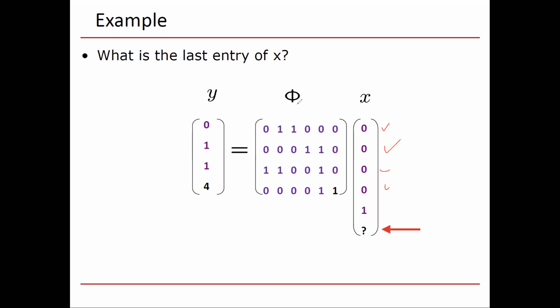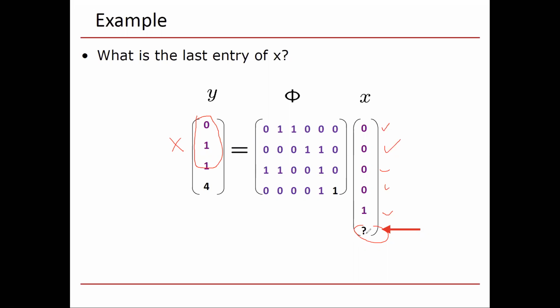Here I denoted by y equals phi x. You know, notation is notation. There's one missing location, and the first 3 measurements have been marked off. And what is this last value? Well, 4 equals 1 times the question mark, so the answer is 4.